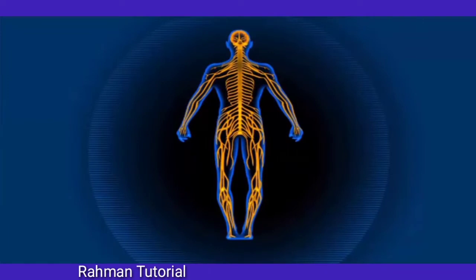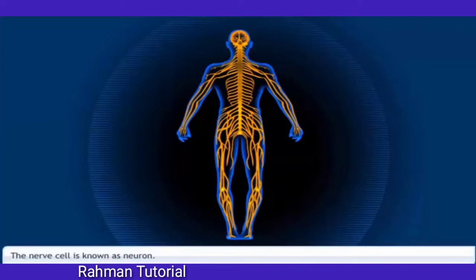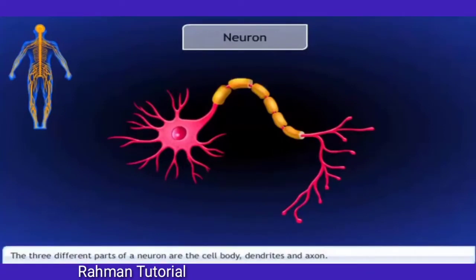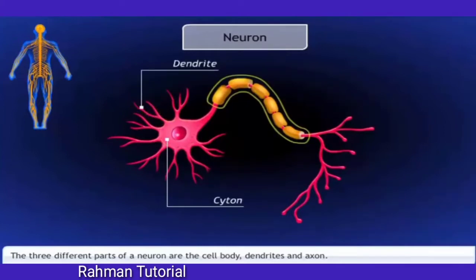Let's look into the fundamental unit of nervous system, the nerve cell, which is known as neuron. Let's understand in detail the structure of a neuron. Each neuron consists of three parts, namely the cell body or cyton, branched projections called dendrites, and the long process from the cell body called axon.